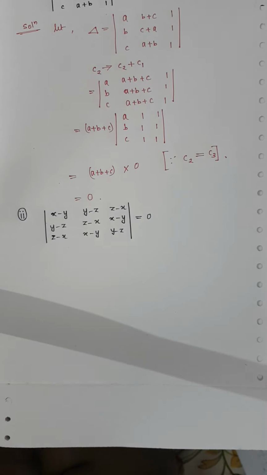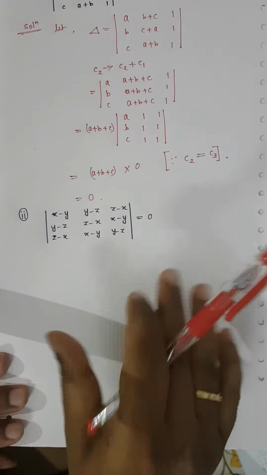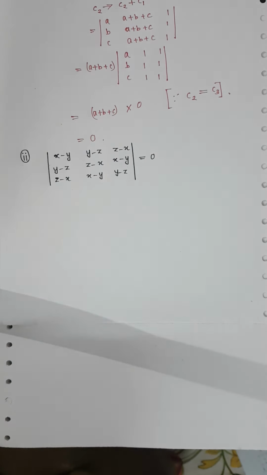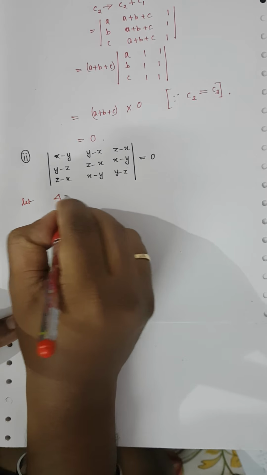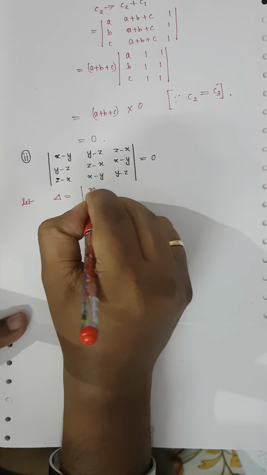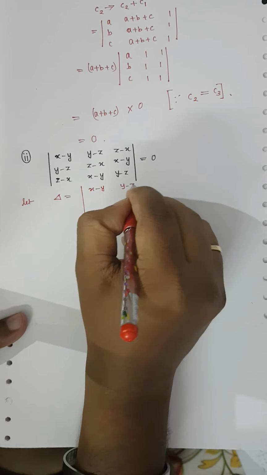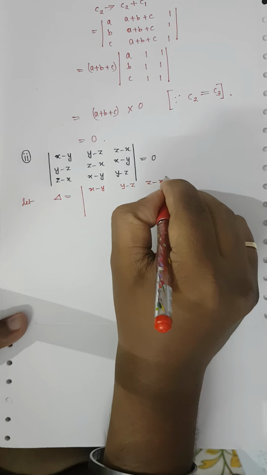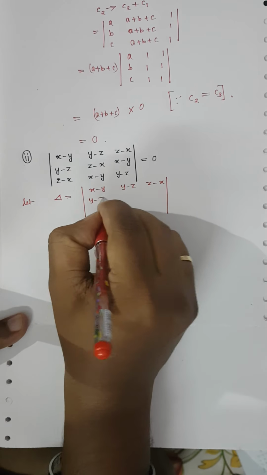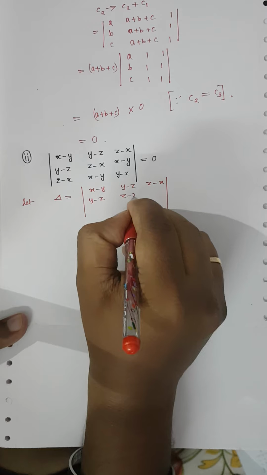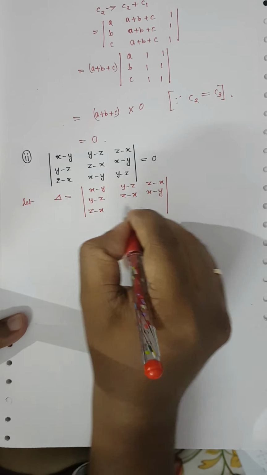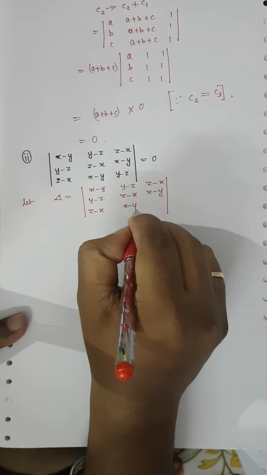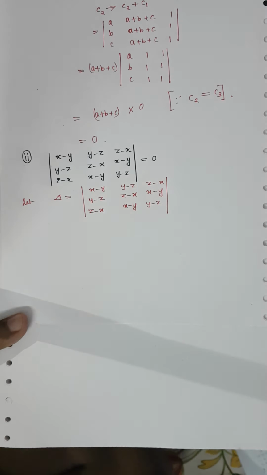Number 2, you have to show that the value of the determinant is equal to 0. Let's start. Let del is equal to x minus y, y minus z, z minus x, y minus z, z minus x, x minus y, z minus x, x minus y, y minus z.